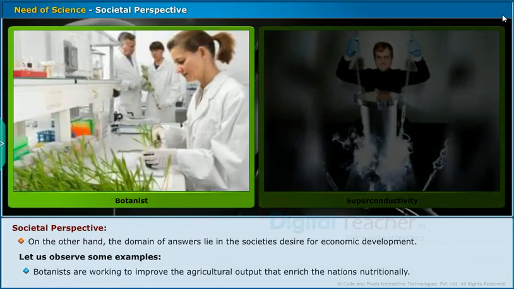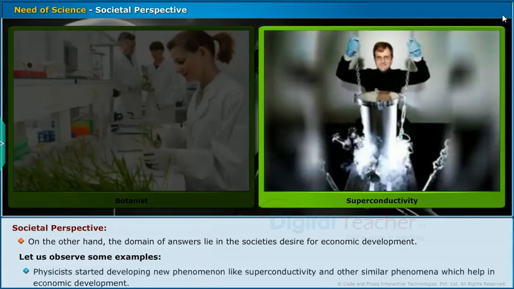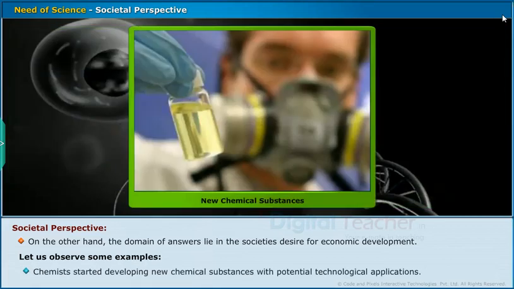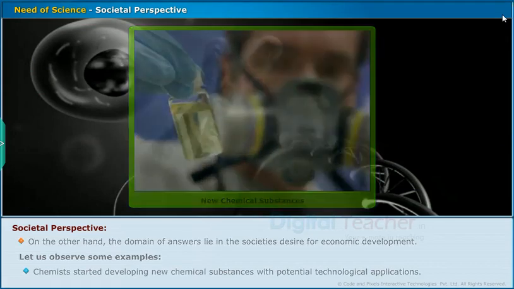Botanists are working to improve the agricultural output that enrich the nations nutritionally. Physicists started developing new phenomena like superconductivity and other similar phenomena which help in economic development. Chemists started developing new chemical substances with potential technological applications.